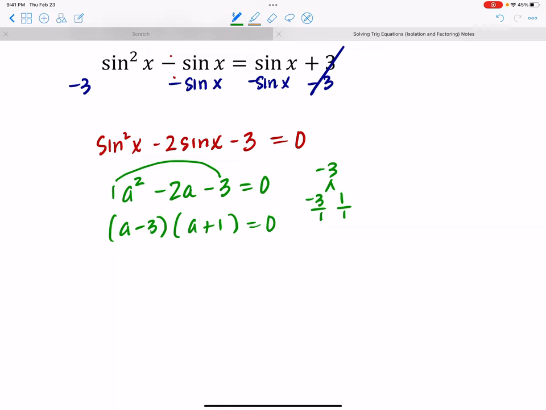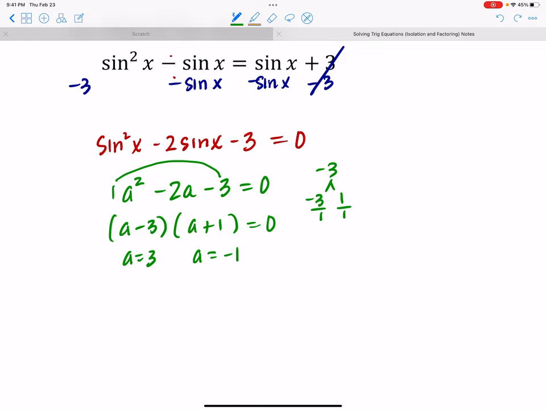From here, I know that one of my solutions would have to be 3, and one of my solutions would have to be negative 1. Because if I put a 3 here, 3 minus 3 would make a 0, and 0 times anything makes a 0. And the same if I put a negative 1 here, plus this 1 would make a 0, and anything multiplied by 0 makes a 0. So we call that the zero product property. So these are my solutions technically for a, but I don't really want to solve for a here.